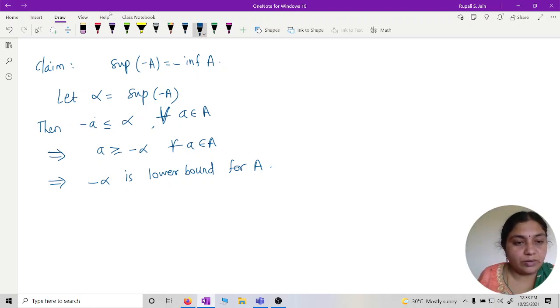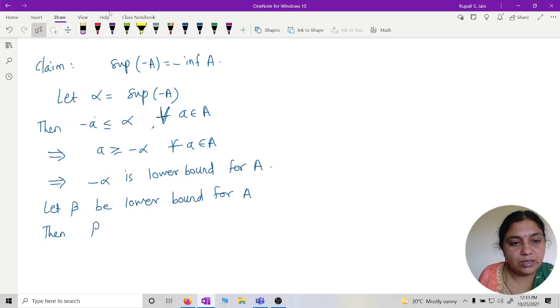Now let beta be a lower bound for A. Then beta is also less than or equal to a for every a in A. So what can I say about minus beta?